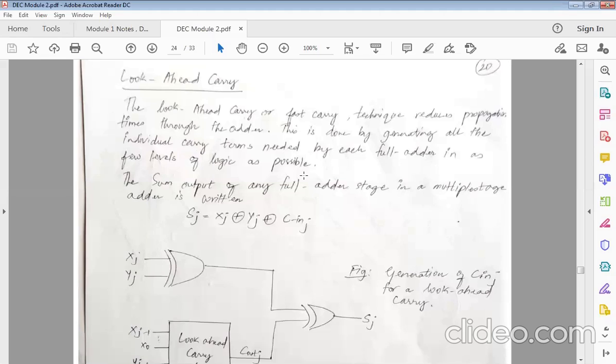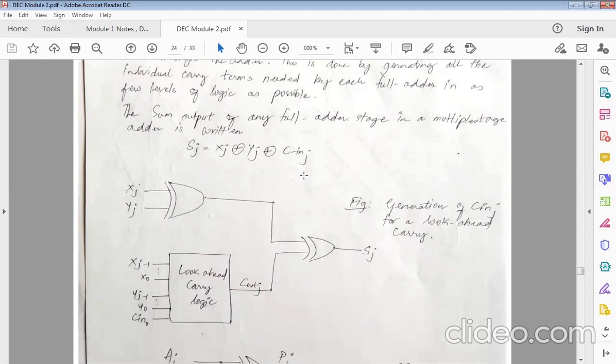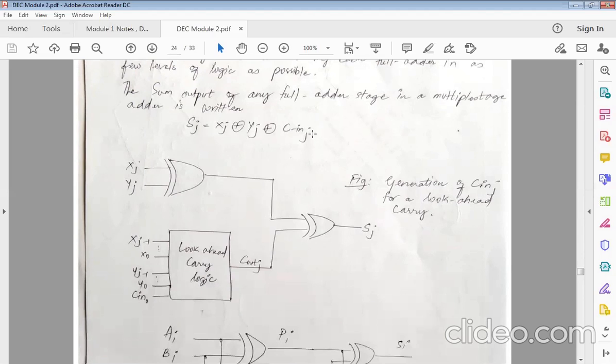We will generate a few values which we already know are going to happen, and then propagate them. This is the well-known sum equation for the full adder: A XOR B XOR C. Here I've used X, Y, and C in.